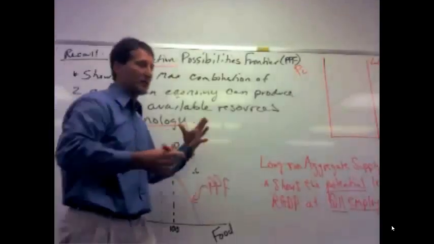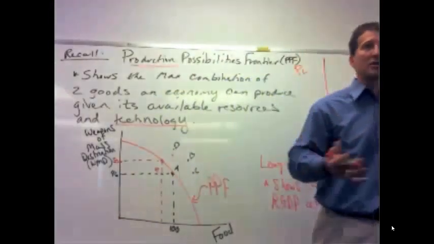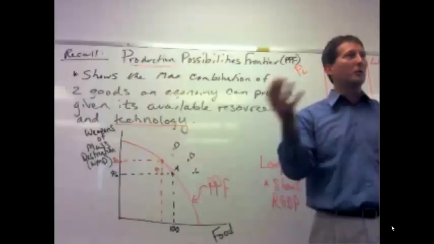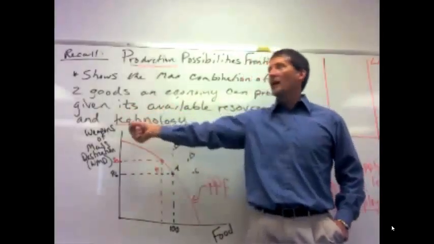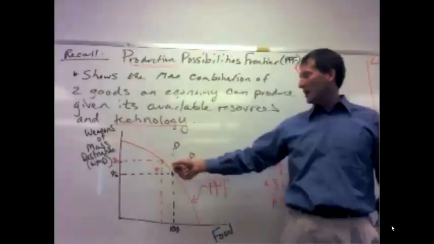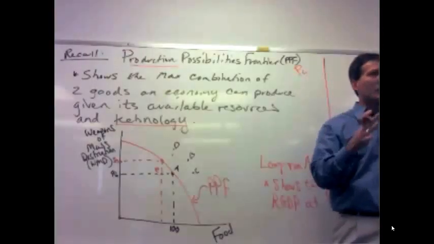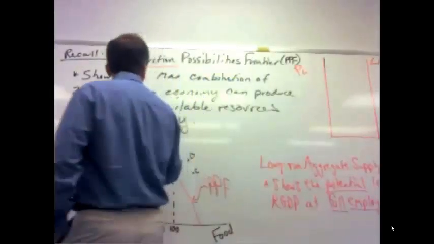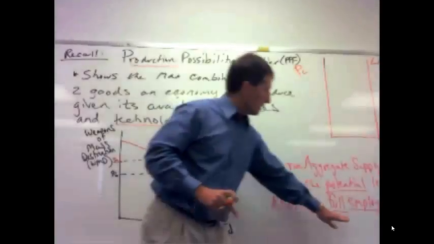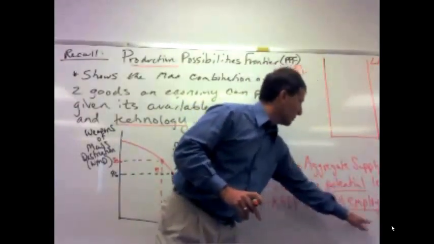What is technology? Technology is just information. It's just how you do stuff. It's how you work. It's how you communicate. If we're not using the technology at our disposal, then maybe we're using up all the resources, but in an inefficient way, so we're not on the edge of the frontier. Okay, so key thing here is that we're at full employment.